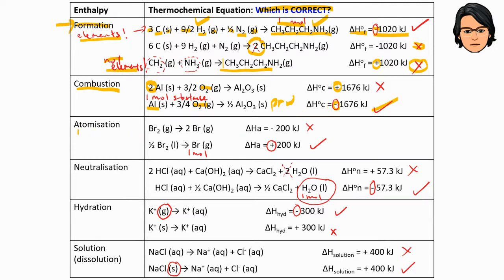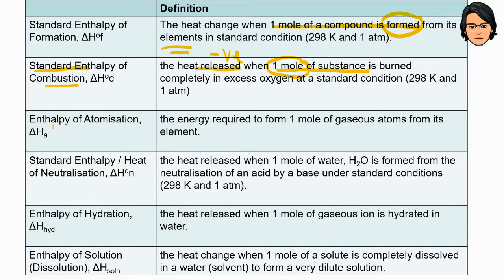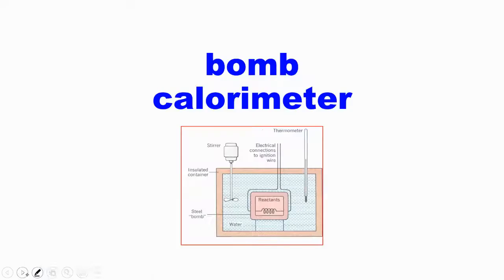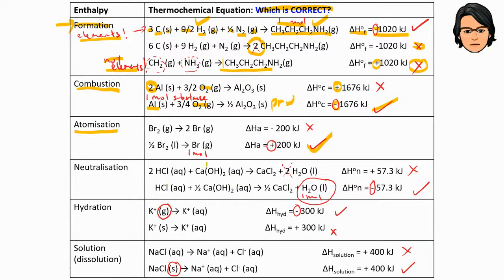Now we go to atomization. We have 2 equations here. Why is it that the second is correct? Let's look at the definition. It says 1 mole of gaseous atoms formed from its element. So the gaseous atom is only 1 mole.